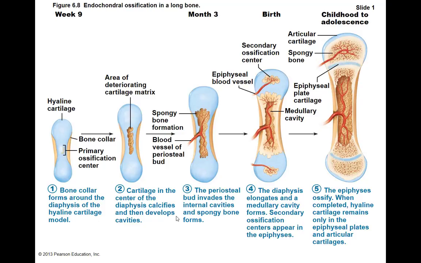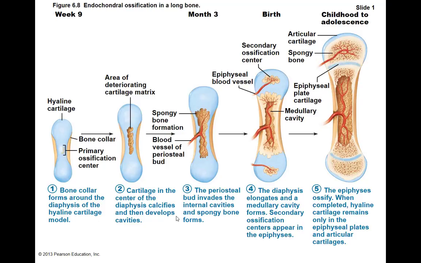Now, the epiphyses will start to harden. That cartilage will go away. The only place that you still find cartilage is right here. It's still blue. What is that called? That's your epiphyseal plate, where bones are going to continue to lay down new tissue. We're still going to go from cartilage to bone in both of those epiphyseal plates.